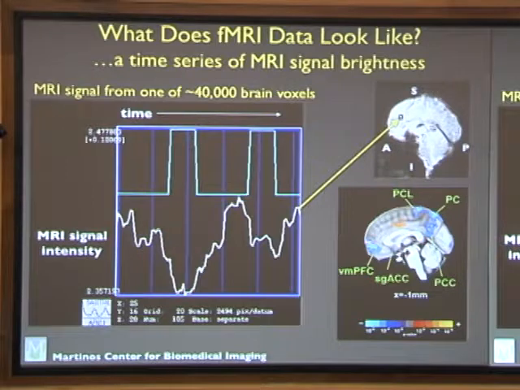This is just the results of a statistical test that can be overlaid. I'm showing you what's called the mid-sagittal slice, directly centered around the brain, and we have this data for everywhere in the brain, basically.